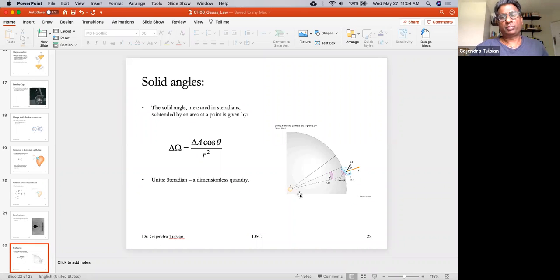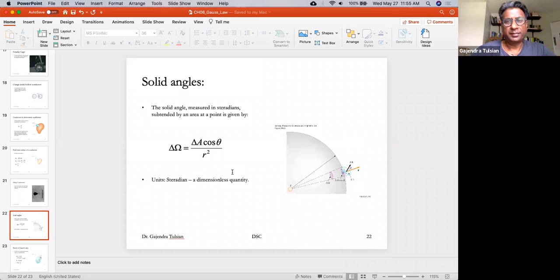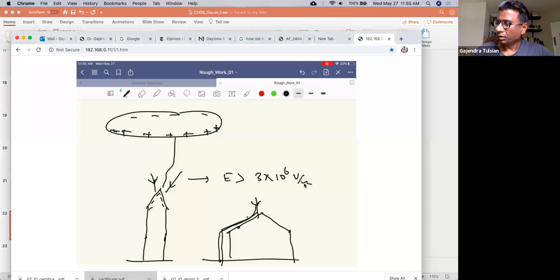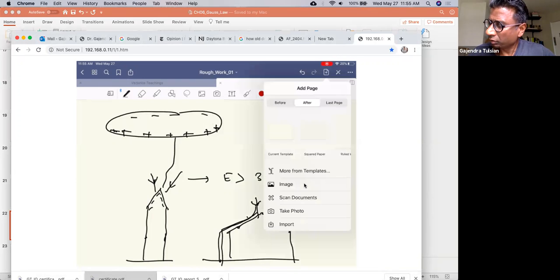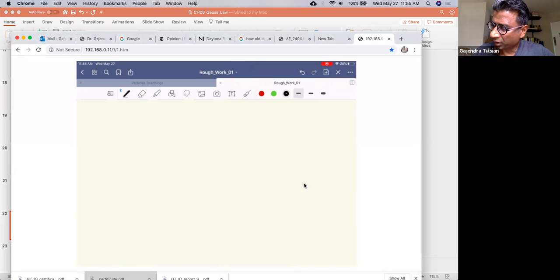Now the next 2 slides go through the proof of Gauss's law. Okay, I'll quickly go over it. So what I really want to do is introduce the solid angles.